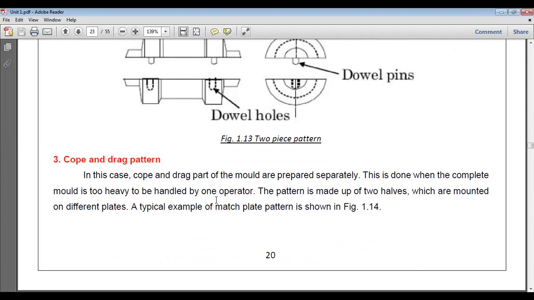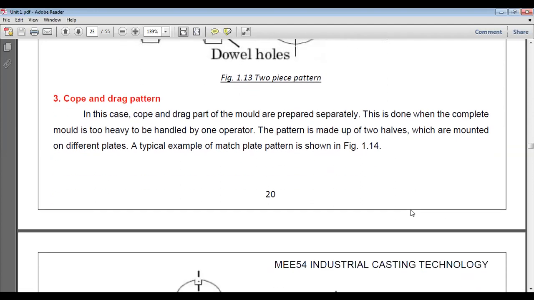Similarly, patterns also are split into two pieces, such that when they are vertical, the upper part is known as cope and the lower part is known as drag.